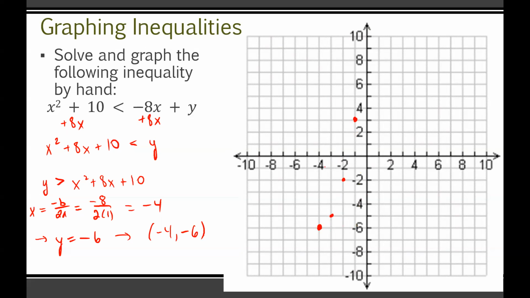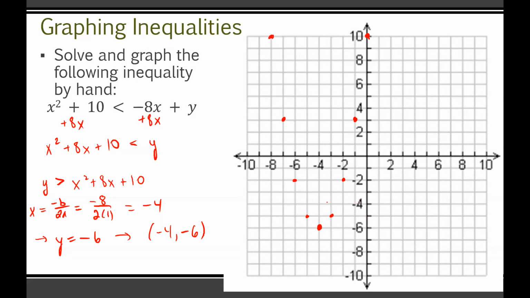And just for fun on this one, we could actually do 1-4-9-16. So you can go over 4 spots from your vertex and then up 16 times a. And 16 times a in this case is 16 times 1, which is just 16. Negative 6 plus 16 brings us up to positive 10, so right on the limit of this window we have here, but still something that might be useful for helping us more accurately draw our graph. Flip it on both sides, make sure this is now totally mirrored. There we go, and there we go.